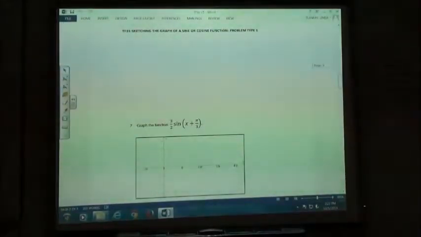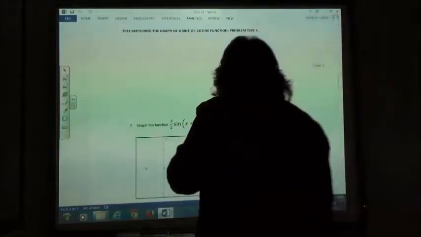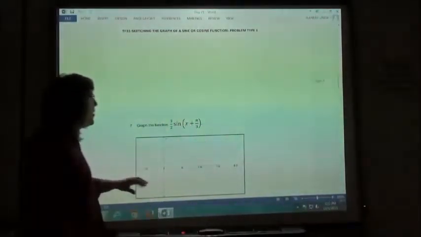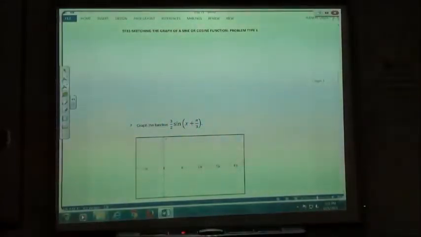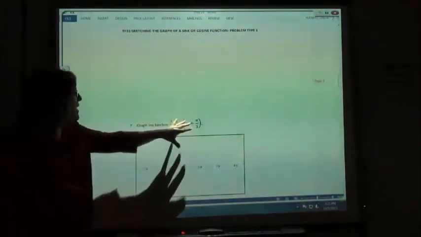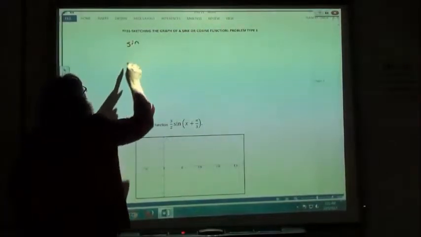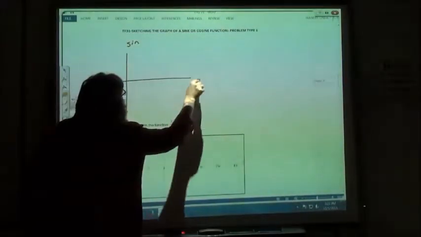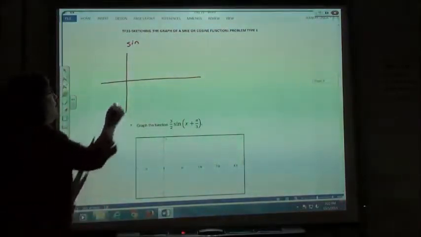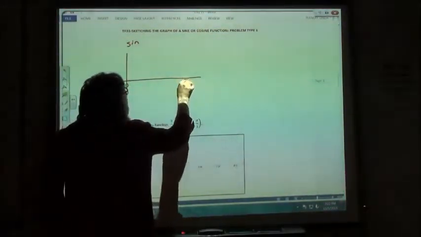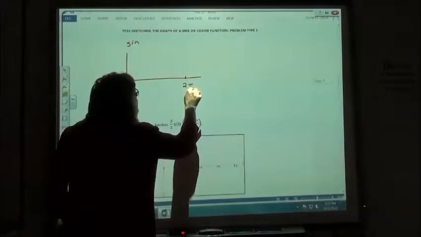The next ones we are sketching the graph of the sine or cosine function, and before we actually do the problem, you want to have what a normal sine or cosine graph without any shifts looks like. So if I'm doing the sine curve, the sine curve has a period of 2 pi. It starts at 0 and one cycle goes 2 pi.